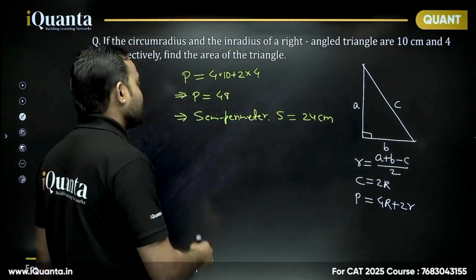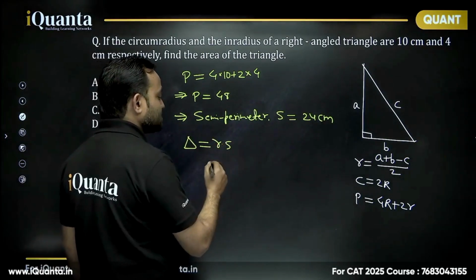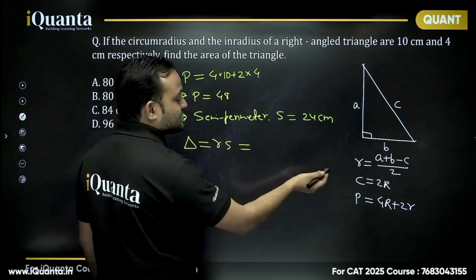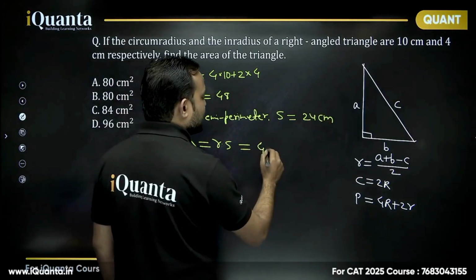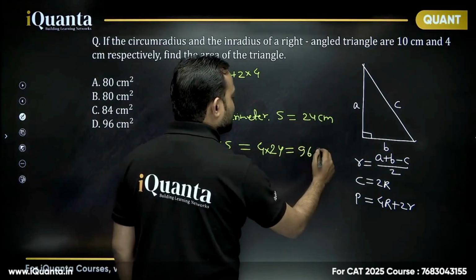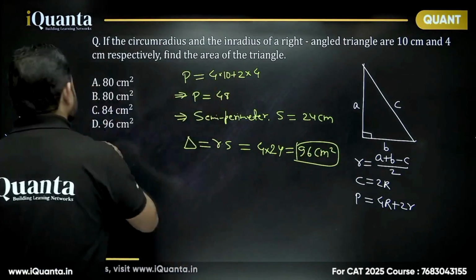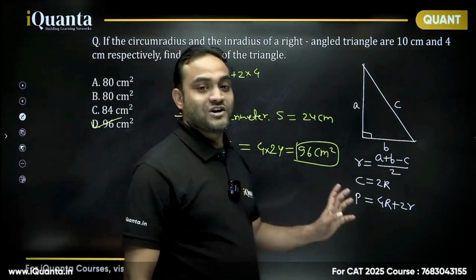And how do we find area of a triangle? Area of a triangle is equal to r into S. r is given 4, S is 24. So 4 into 24, we get 96 centimeter square. And that is the area of this right angle triangle.